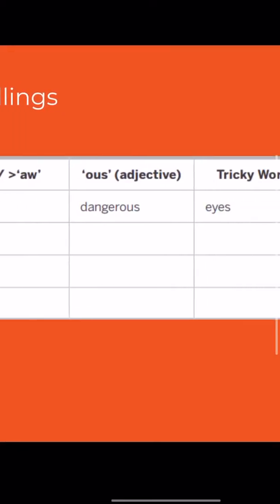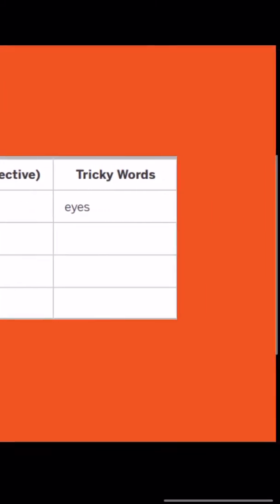Next, we have O-U-S, and those letters make us. Okay, let's go through the word dangerous. Okay, that's an adjective. It's describing something. Your next word, tricky word, eyes. What might be tricky about the word eyes?